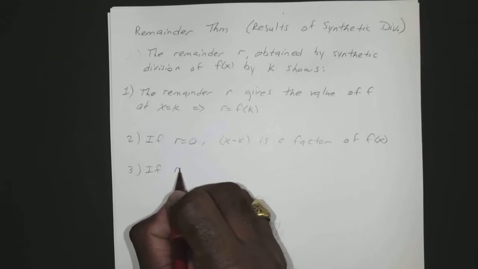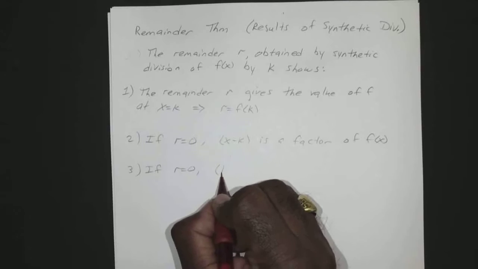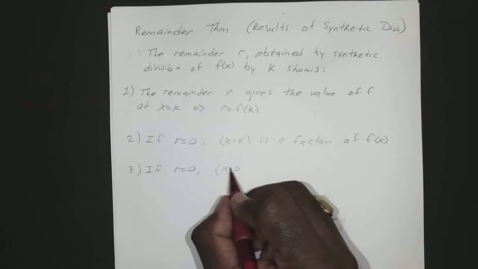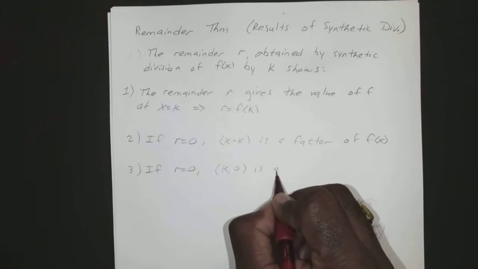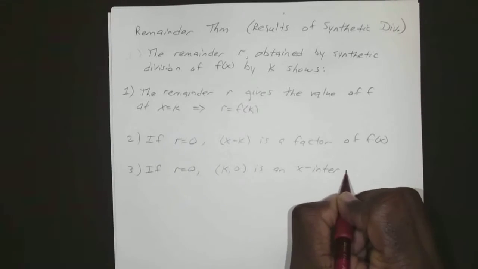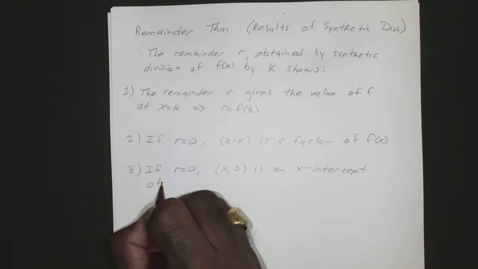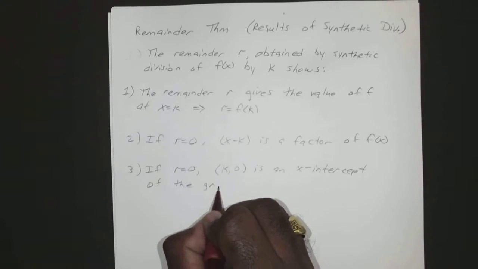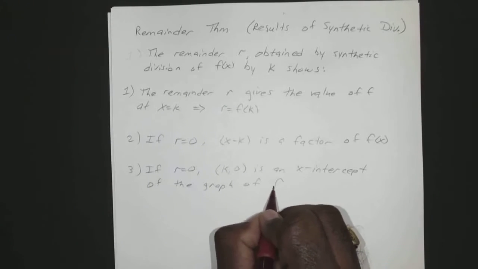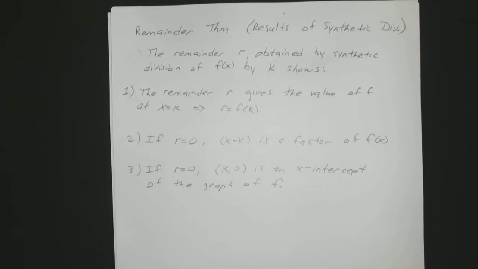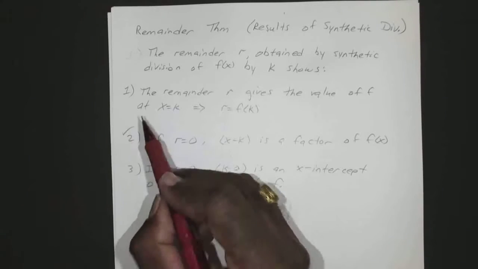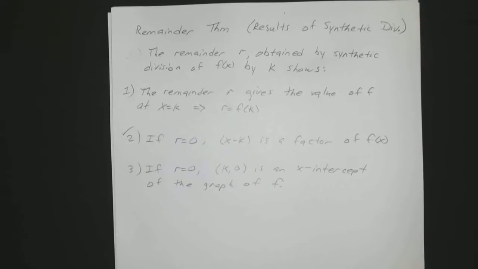And again, if r is equal to 0, then the point (k, 0) is an x-intercept. Okay, so those are kind of the 3 rules. We'll mainly only focus on rule number 2. The other 2 are kind of those good to know category.